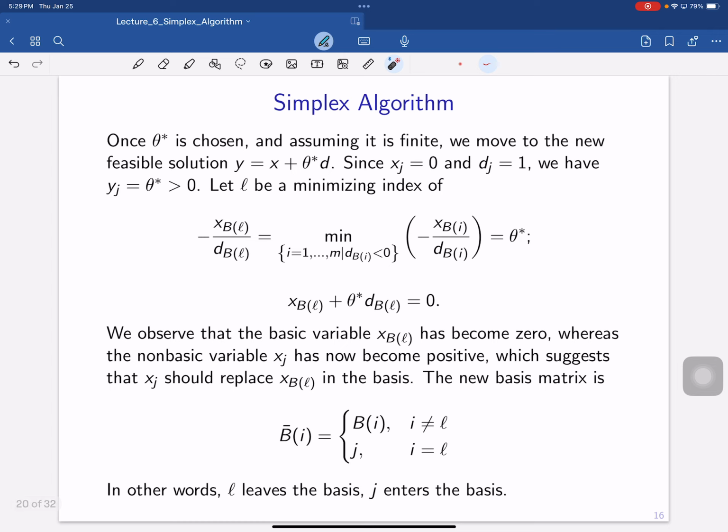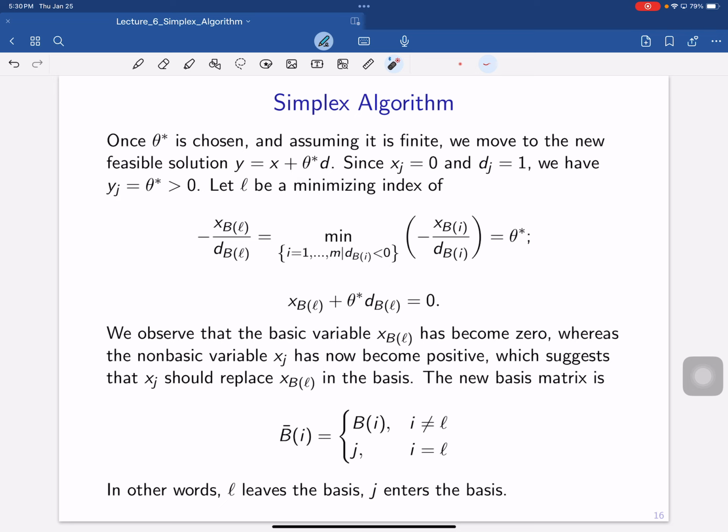To see why this is the case, we can check what's happening here. Remember the basic direction is that you make one of the non-basic variables positive. All the original non-basic variables are 0, and now you make one of them positive. On the other hand, one of the basic variables will become 0, because you are picking one of those indices among the basic variables.